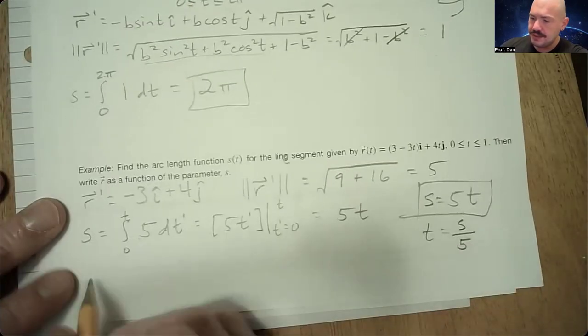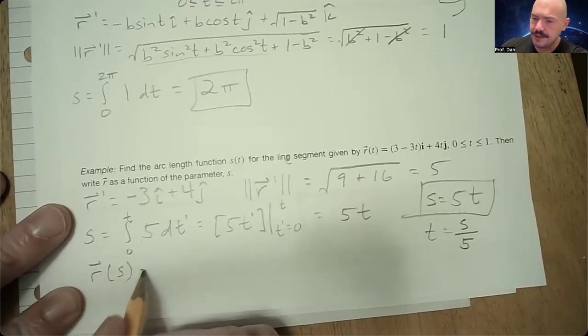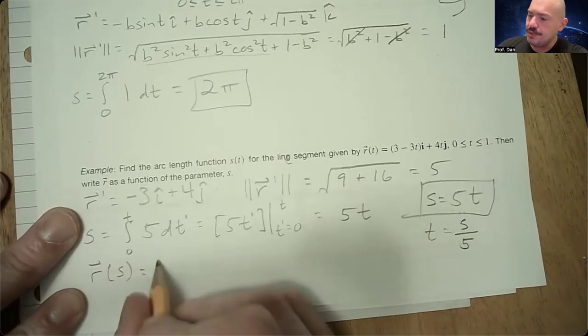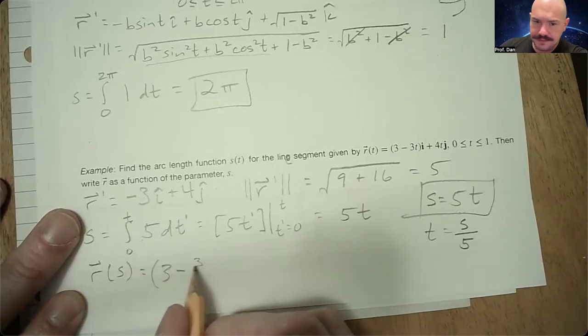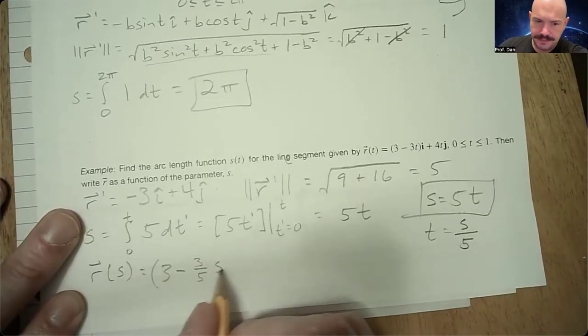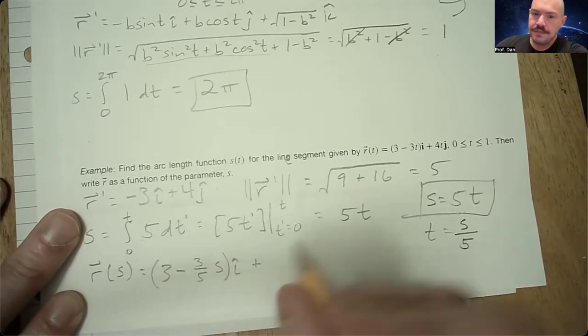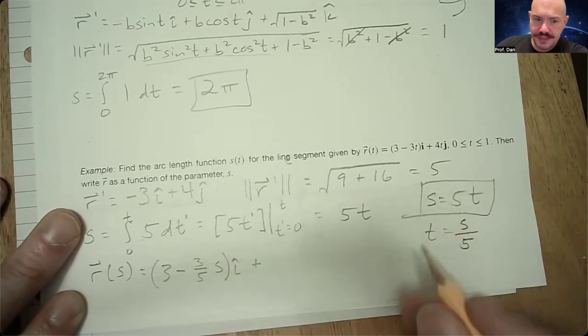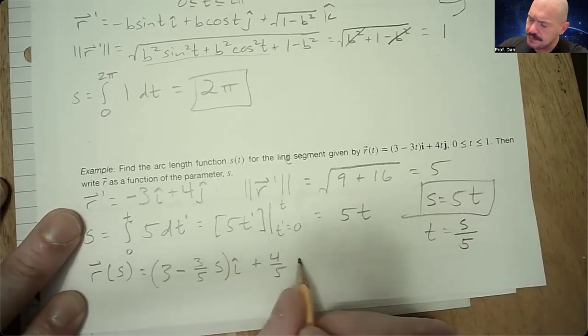So we would get r of s is equal to 3 minus 3/5 s i plus 4/5 s j.